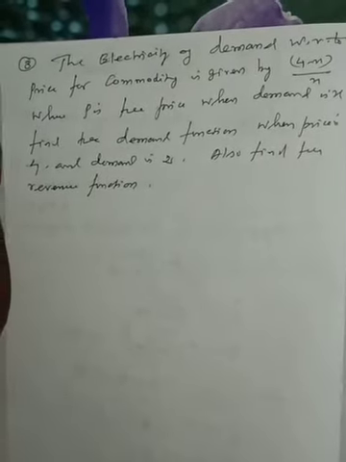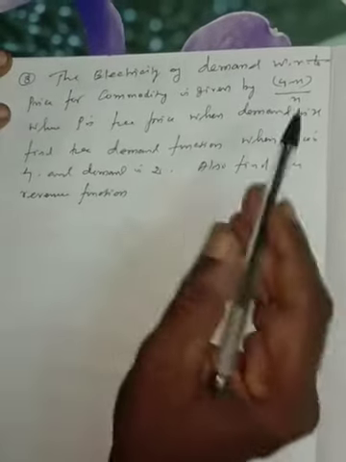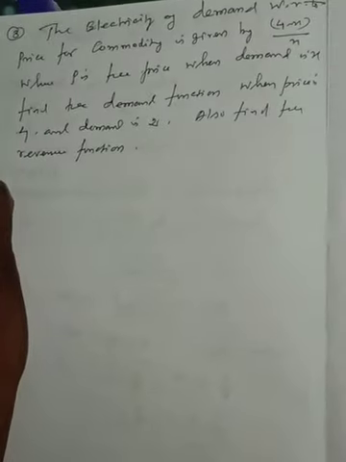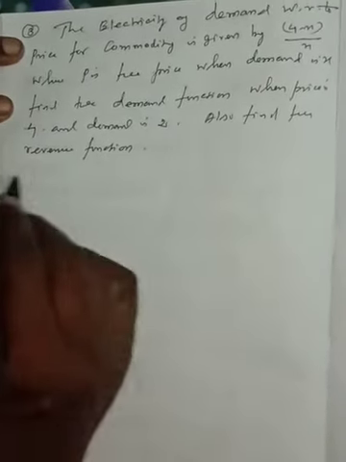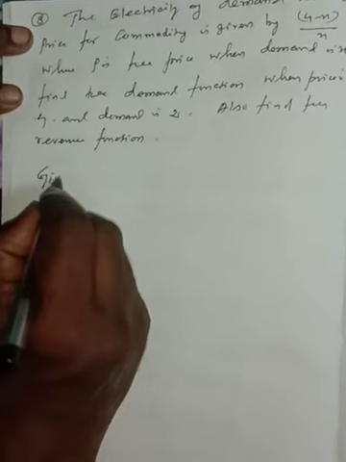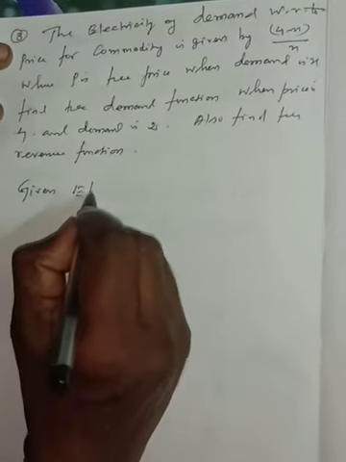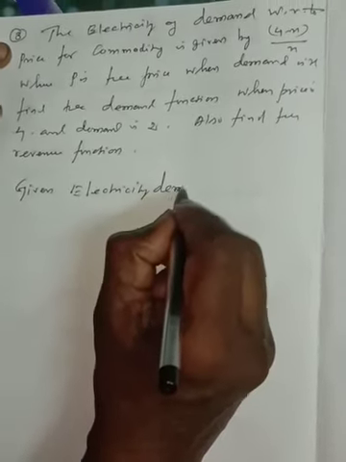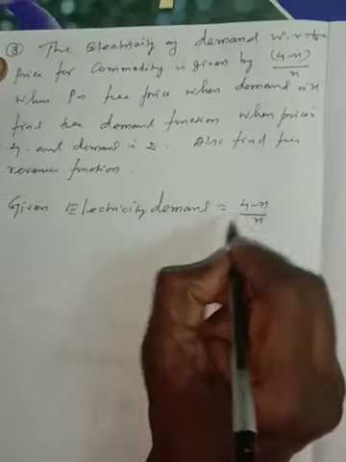First read the problem. When the price is 4, find the demand x. Next, also find the R function. R function means the revenue function. First, given elasticity of demand is equal to (4 minus x) divided by x.